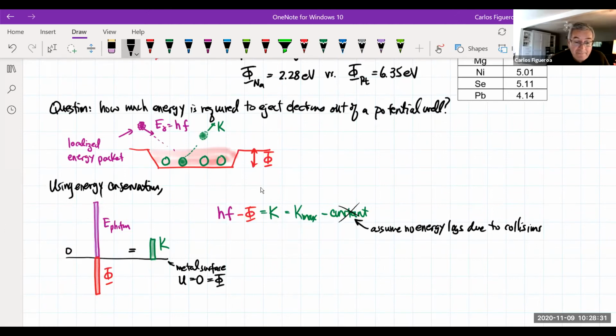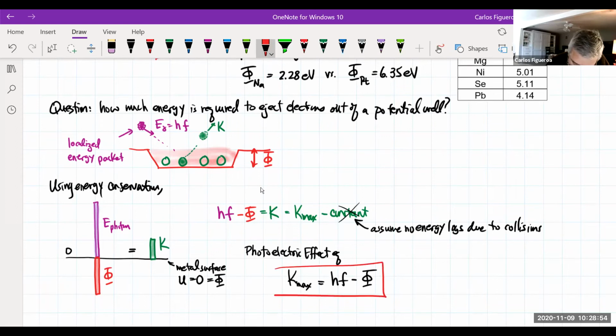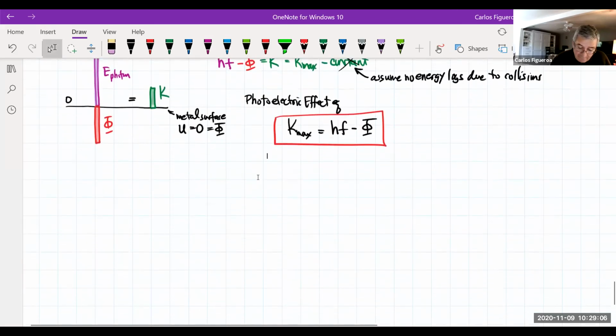So the photoelectric effect equation then reads that K max is equal to hf minus the work function. And this is what he does here. He writes down that photoelectric effect equation here.